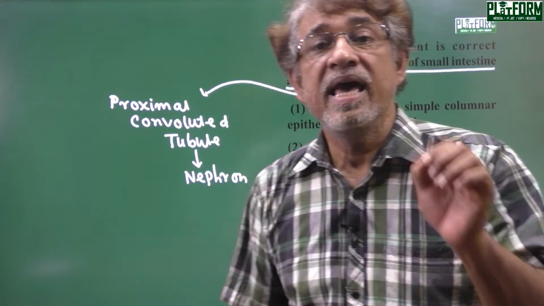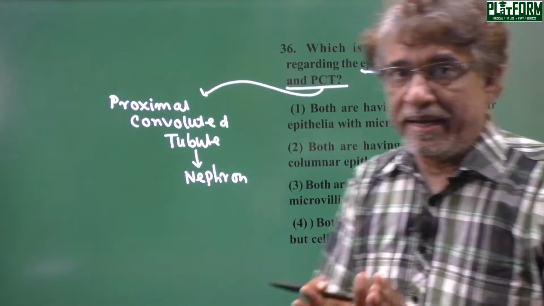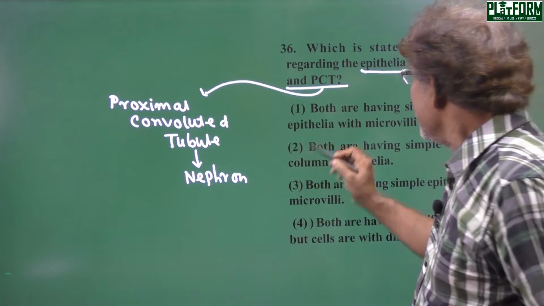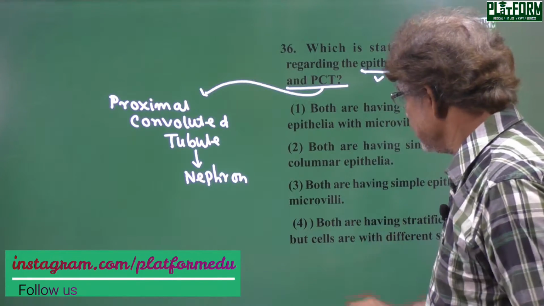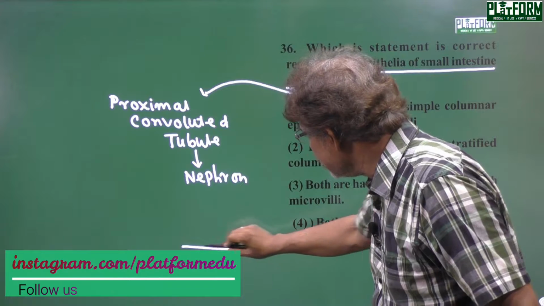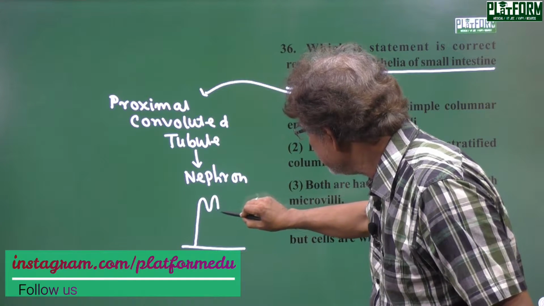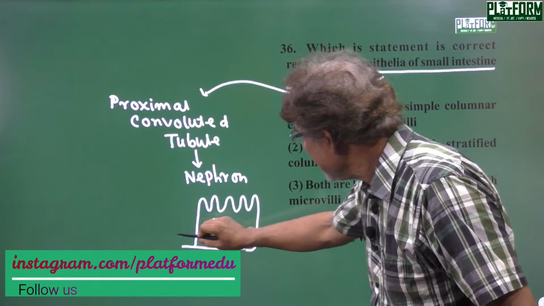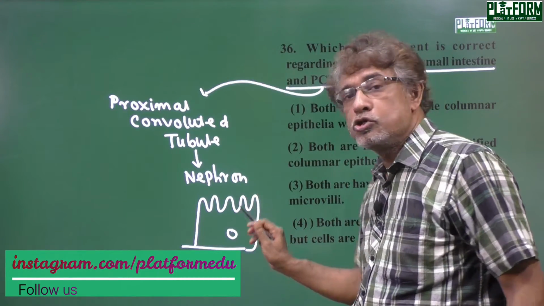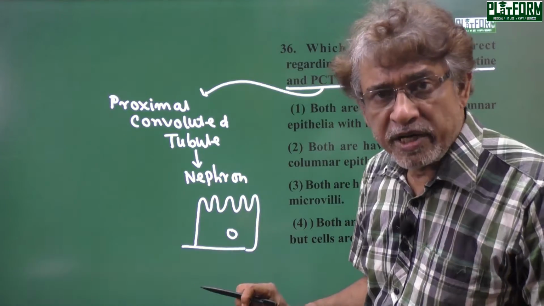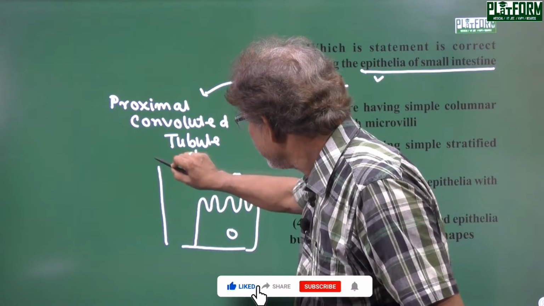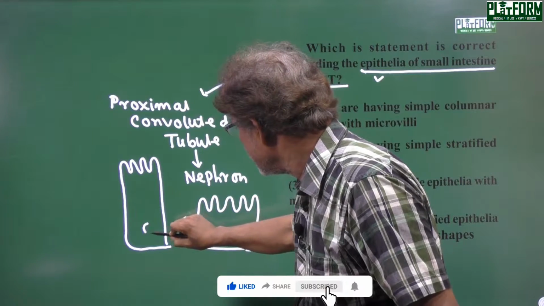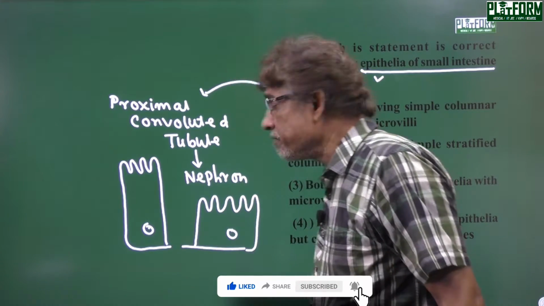Your answer is absorption. When absorption is your answer, then epithelial cells with microvilli, epithelial cells should be cuboidal or columnar.